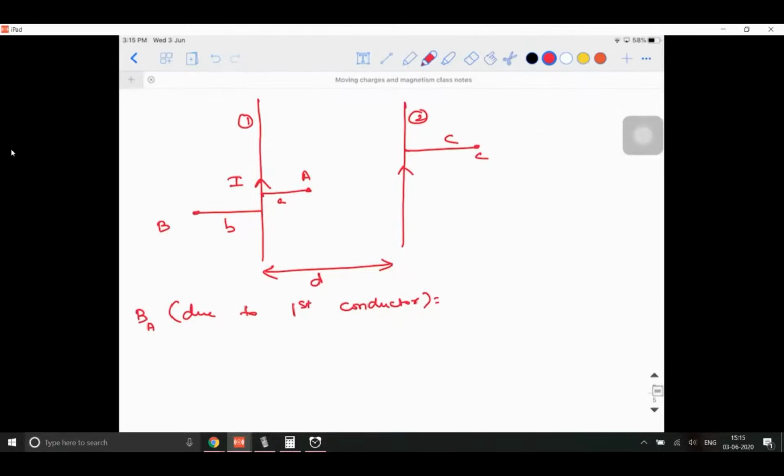So, magnetic field due to the first conductor at point A is equal to mu naught I divided by 2 pi A. Okay, so what is the direction of it? If you're not going to speak, I'll just write it and go. I'll not ask these many times.